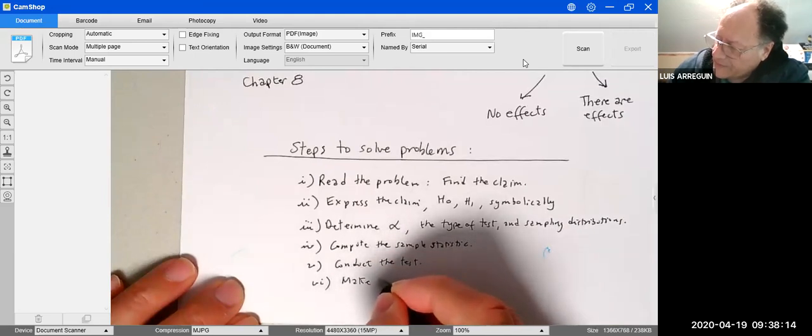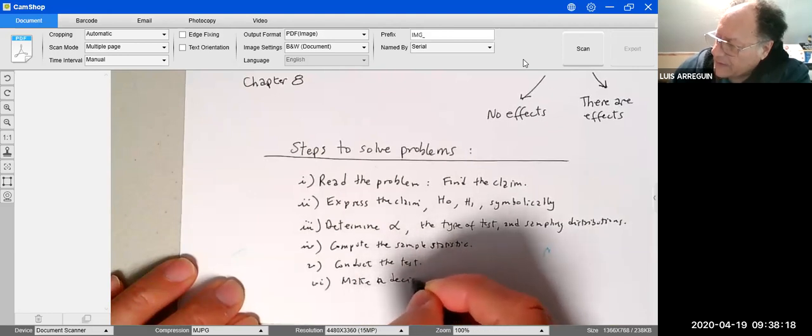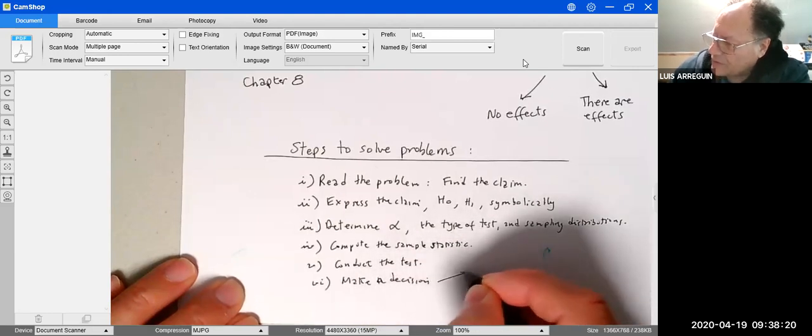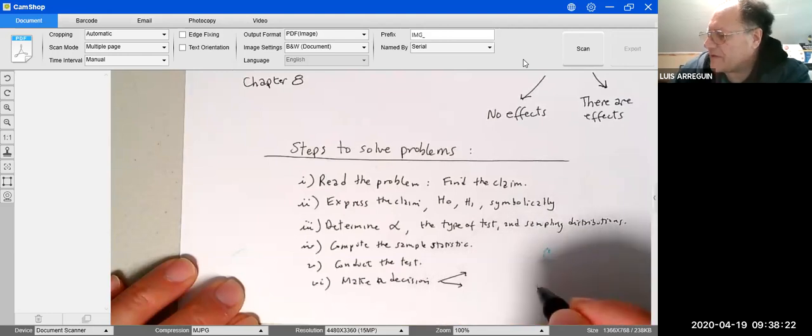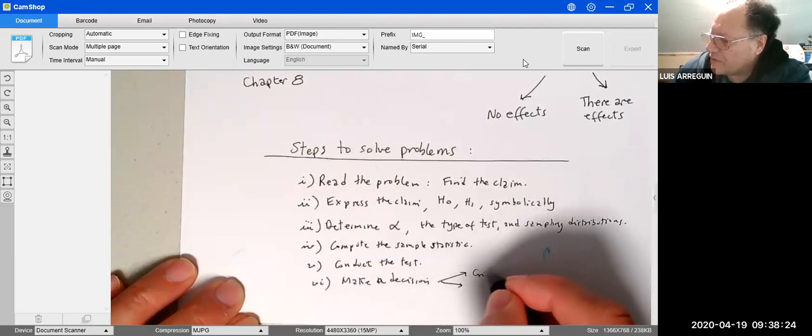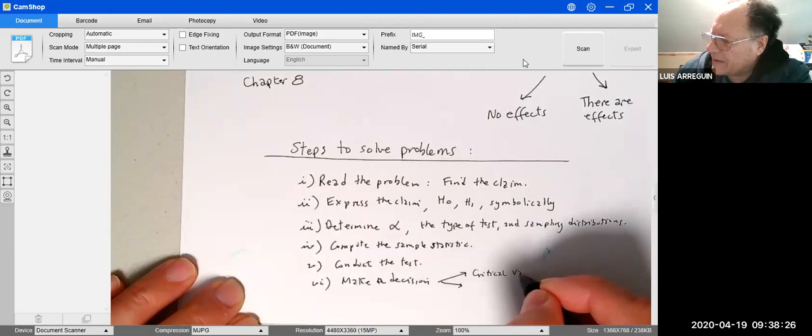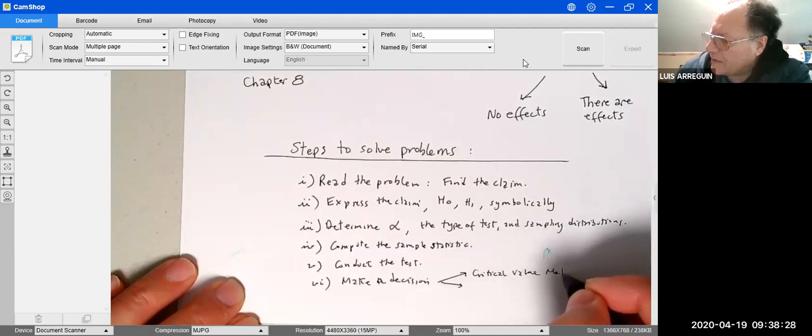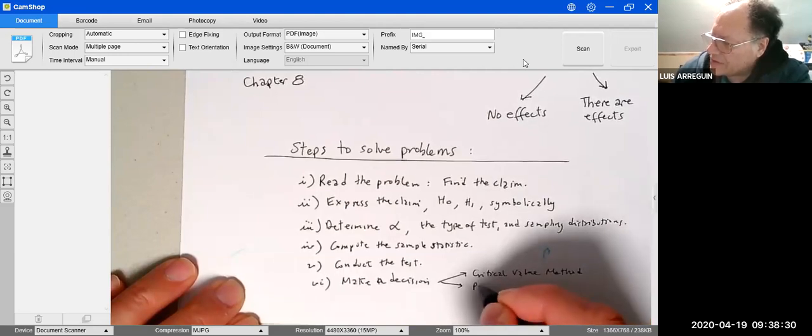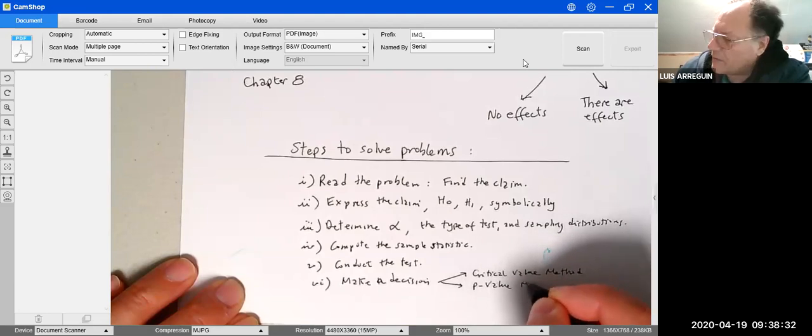To make that decision, there are going to be two possible methods. There is one method that we call the critical value method, and we're going to use another one which is the p-value method.